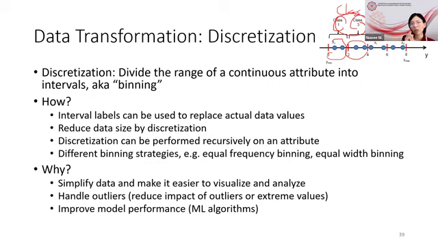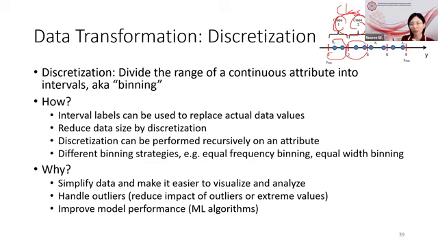So why do we need to do discretization? There are many reasons. For example, the first reason may be to simplify it and make it easier to visualize or analyze later on. You can use discretization to handle outliers, because when you change it to intervals, outliers will be put into one of the bins, right?